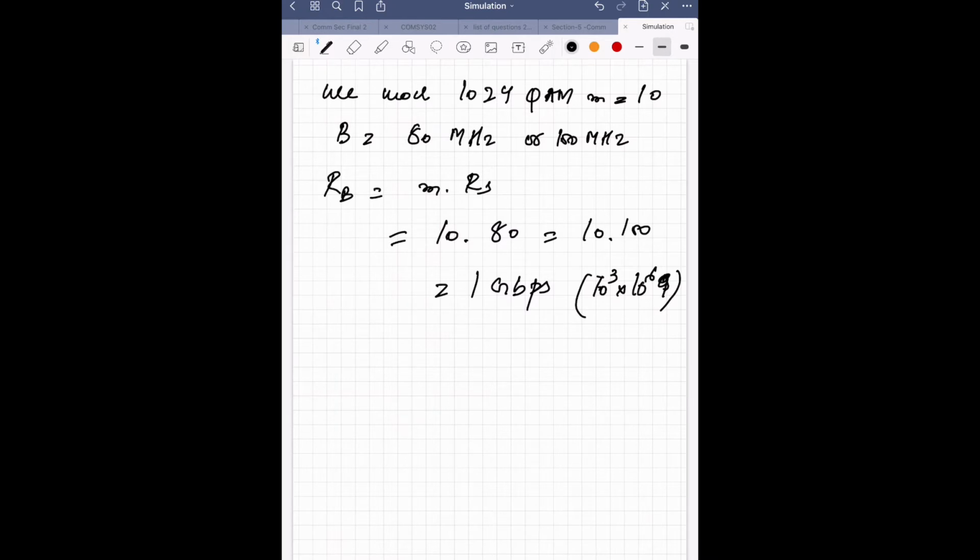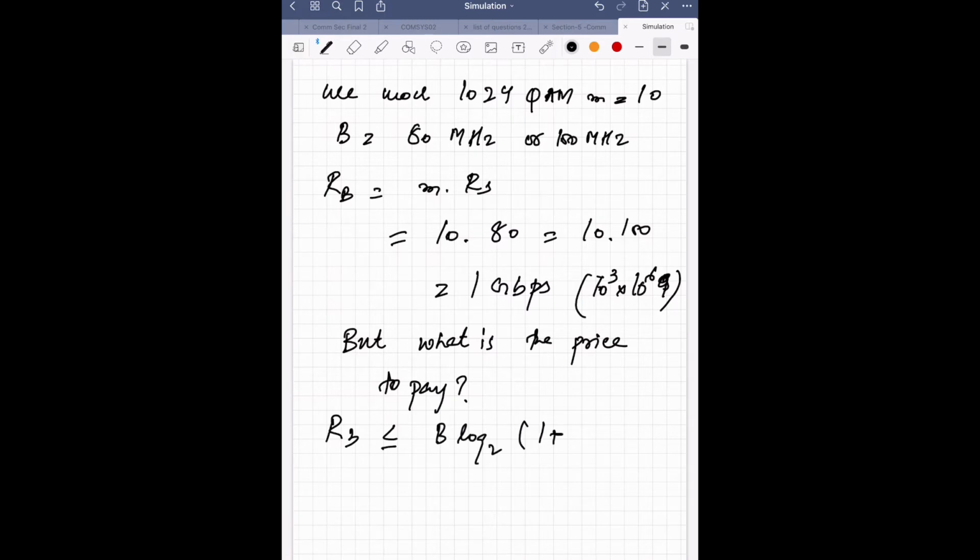So with a higher constellation we can achieve higher bit rates, but what is the cost? What is the price to pay? From the bit loading formula, we have RB is less than or equal to B log 2 of 1 plus 1 by gamma S times PRX by Pn.